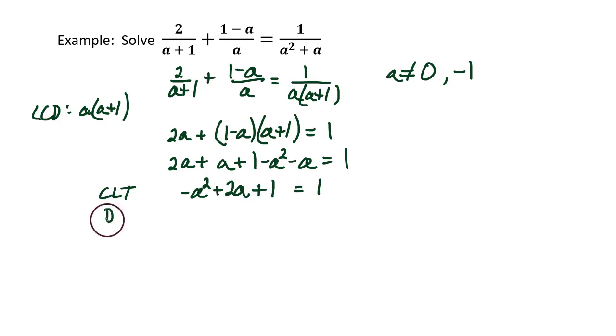Next step, divide all terms by -1 to change the leading coefficient into a positive number. We get a squared minus 2a minus 1 equals -1. Next, add 1 to get the 0 on the right side.